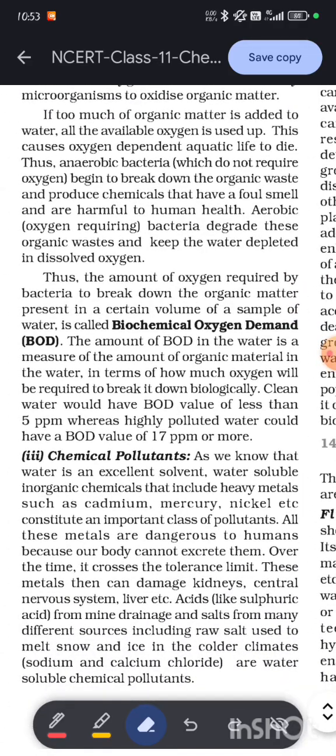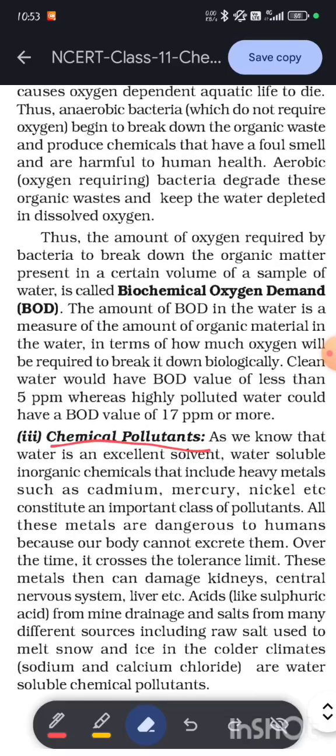And the third part is chemical pollutants. As we know, water is an excellent solvent. Water soluble inorganic chemicals that include heavy metals such as cadmium, mercury, nickel, etc. constitute an important class of pollutants. All these metals are dangerous to humans because our body cannot excrete them over time and it crosses the tolerance limit.